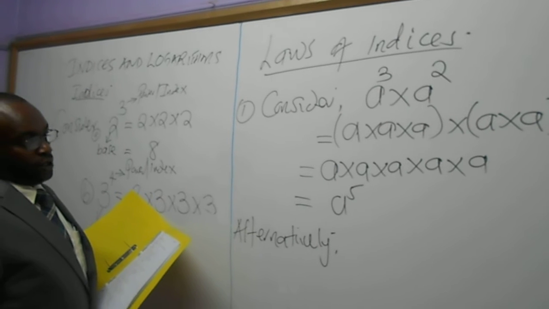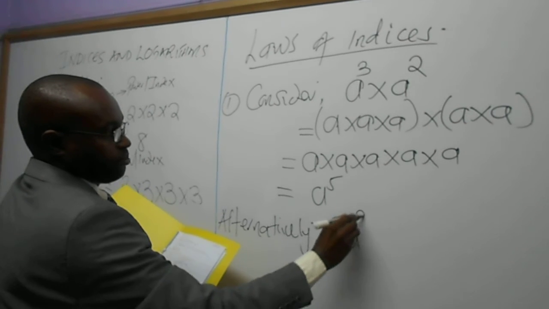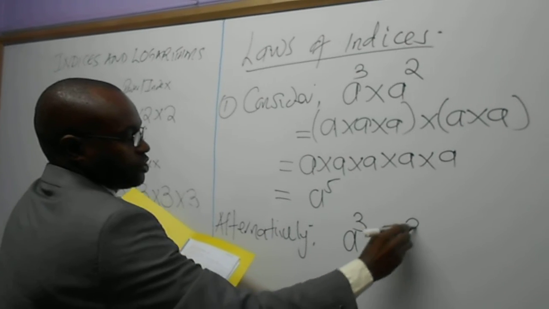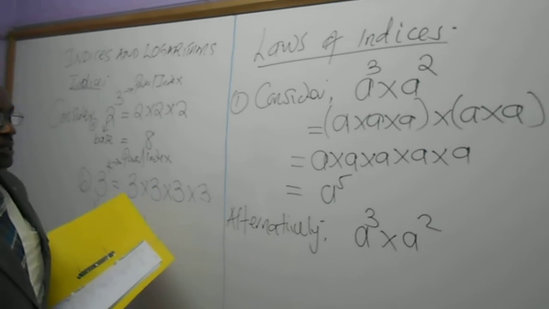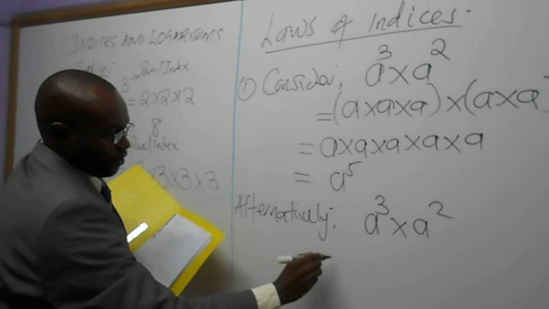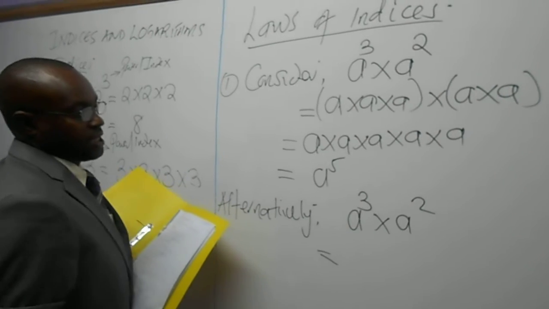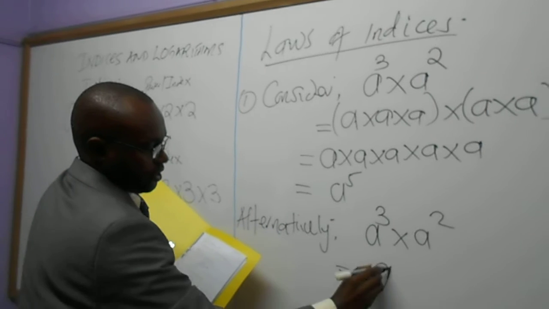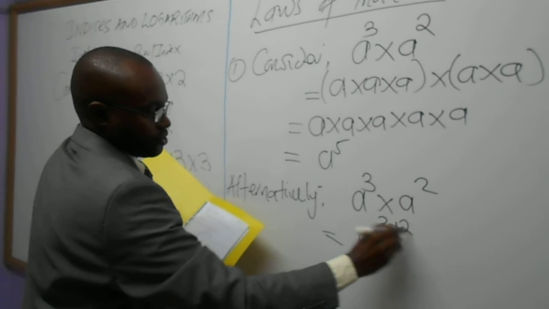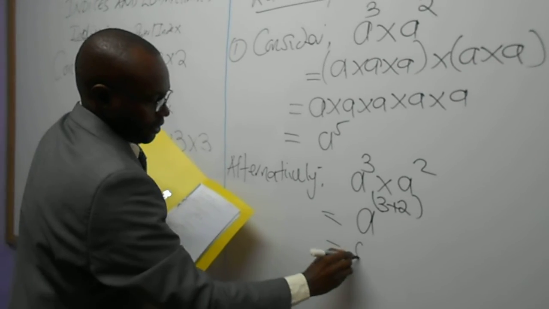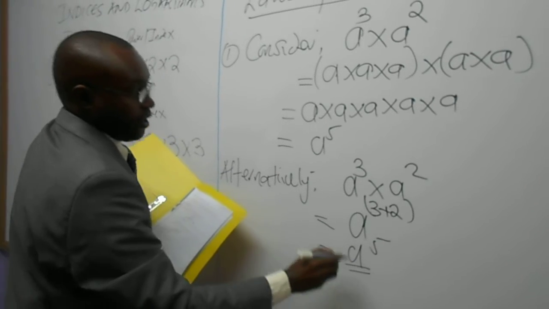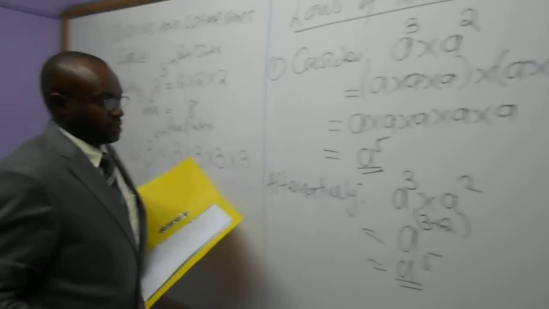Alternatively, you can take a to power 3 times a to power 2, and instead of doing all that, we add the powers so that we have a to the 3 plus 2. And you realize that our answer becomes a to the power 5, the same as that.